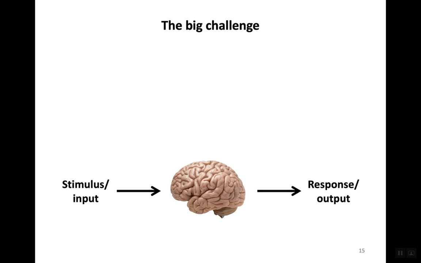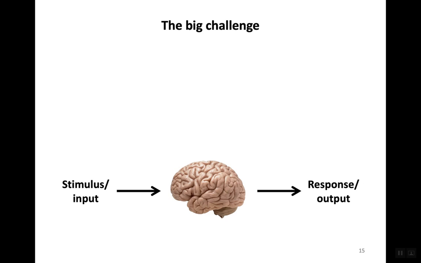Okay, now there are lots of challenges that cognitive neuroscience is trying to solve. But if we were to compress all of those challenges, and simplify them, then perhaps the biggest challenge of all can be described as such.